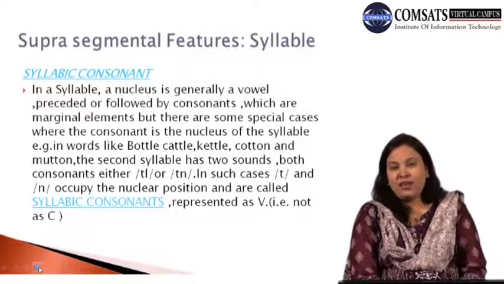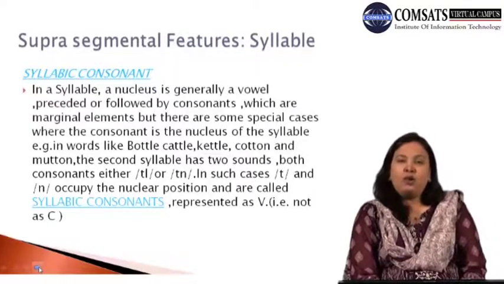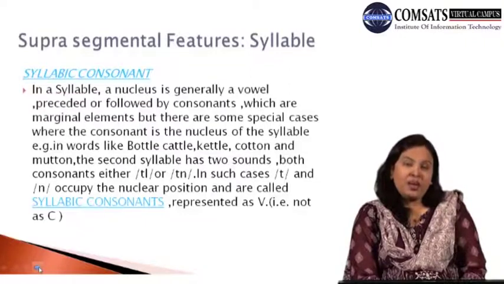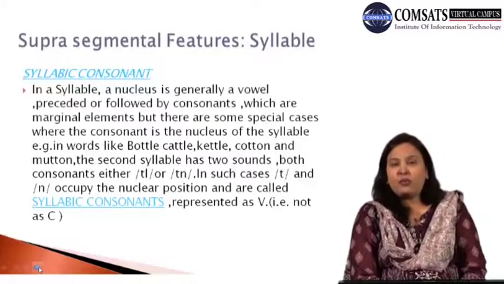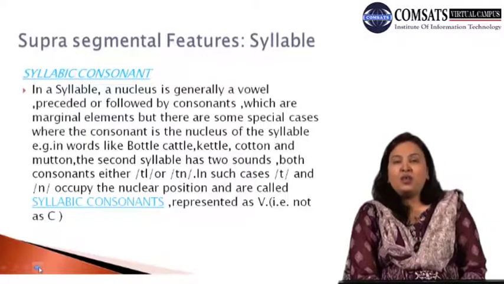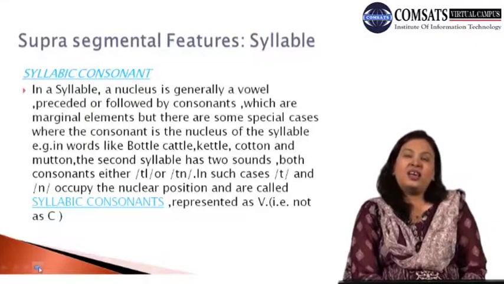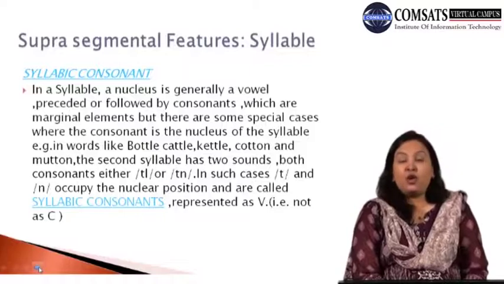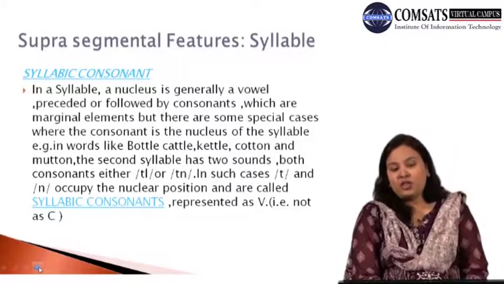For example, in words like bottle. Now in bottle, the t sound, the consonant, is in between. Bottle is one syllable, monosyllabic. It has one syllable, that is bottle. So the t sound occupies the central nucleus position.